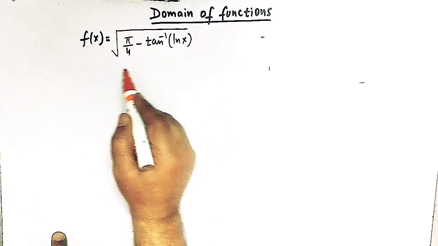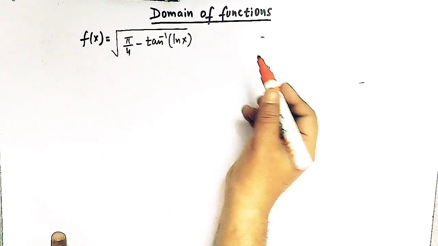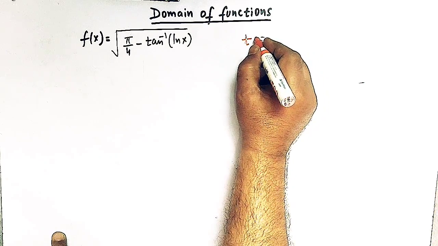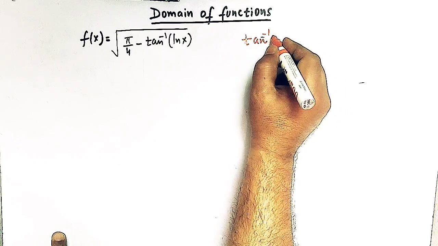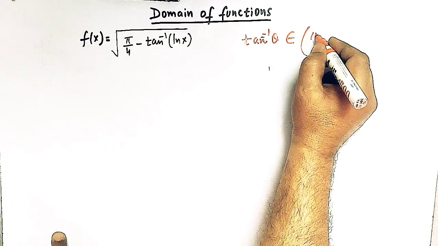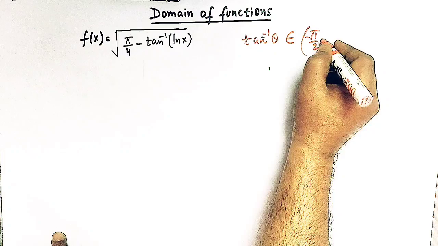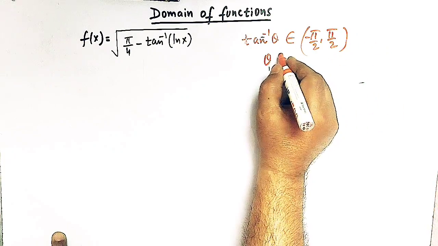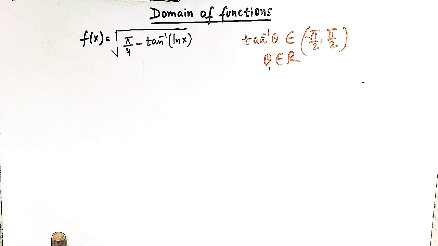So in order to find out the domain of this function, we will make use of this concept, that is the principal value branch of tan inverse theta. It belongs to this interval, that is minus pi by 2 to pi by 2, provided this theta belongs to the set of real numbers.